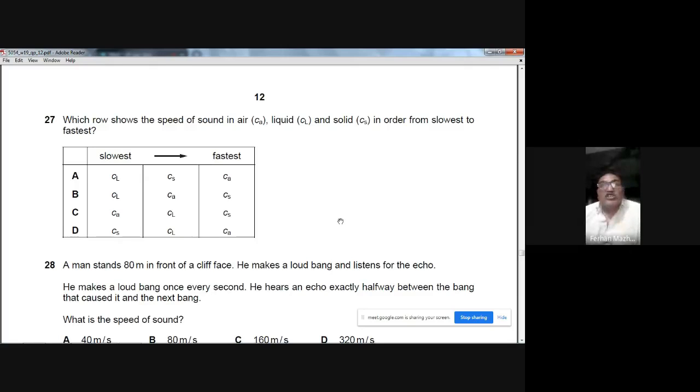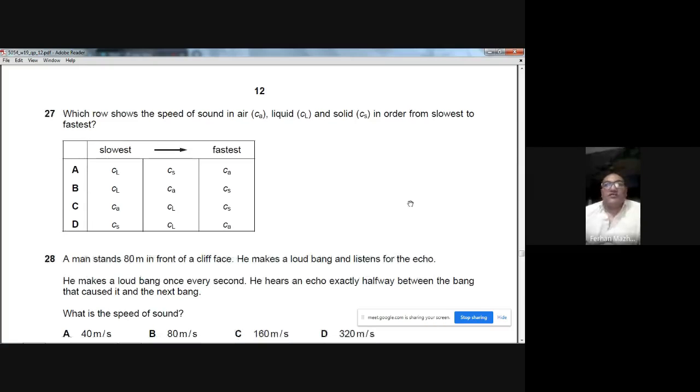Sound will be slowest in the air, faster in liquid, and fastest in the solid. So C is the option. Sound is fastest in the solid, medium speed in the liquid, and slow speed in the air. C is the option. Now we move to next question.